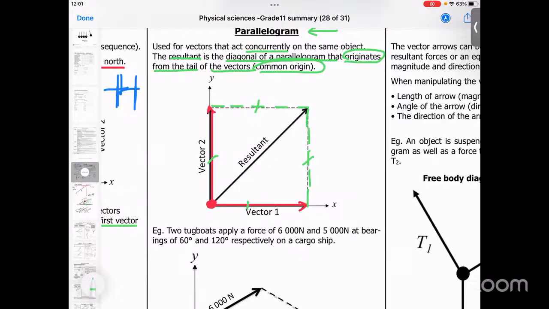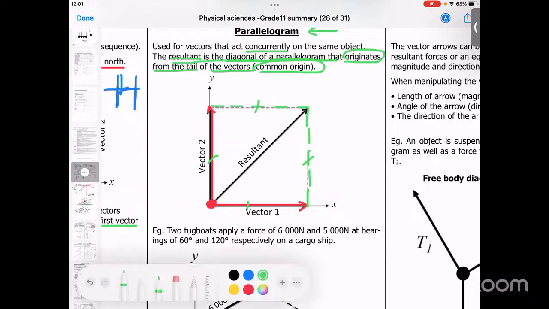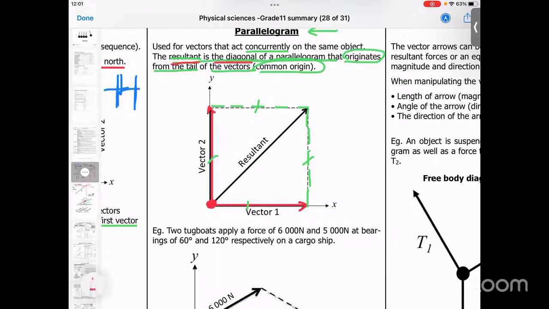So what is the resultant? The resultant is the diagonal of a parallelogram that originates from the tail of the vectors, from the common point.